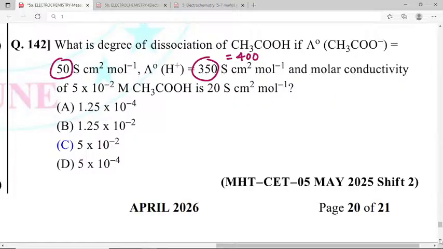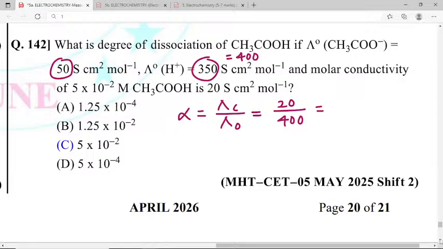Okay, 400. And this is the molar conductivity at concentration, so concentration given, this is lambda C. So alpha is equal to lambda C divided by lambda naught. Lambda C value is given 20, and lambda naught we calculated as 400.